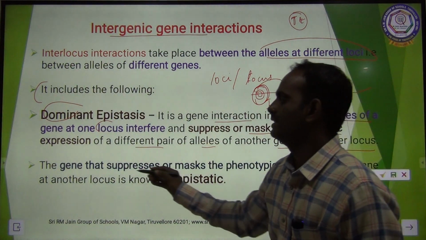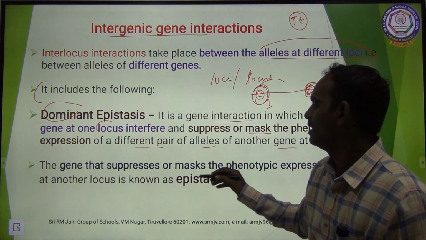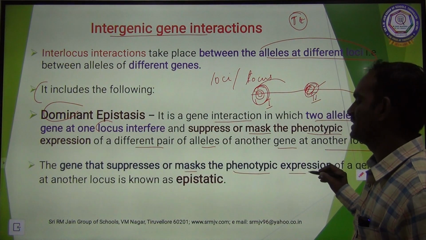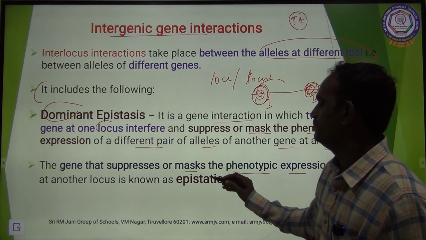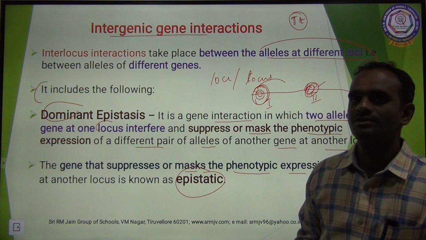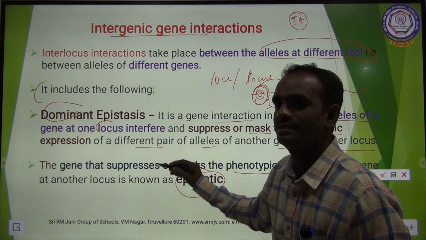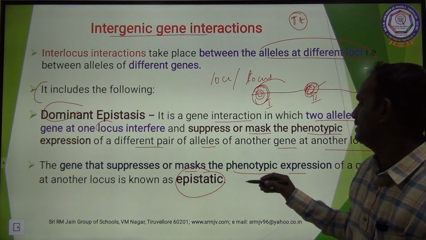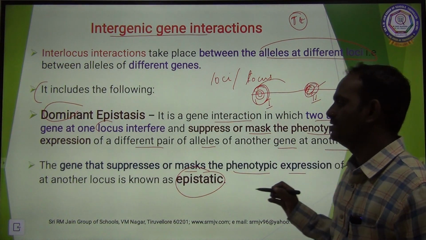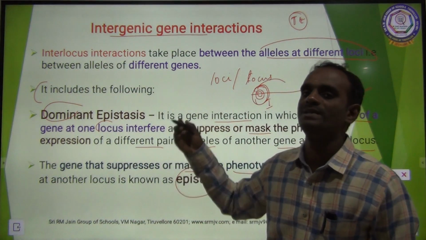Clear? The gene that suppresses or masks the phenotypic expression is said to be epistatic. So, the gene that suppresses or masks the phenotypic expression of a gene at another locus is called epistatic.